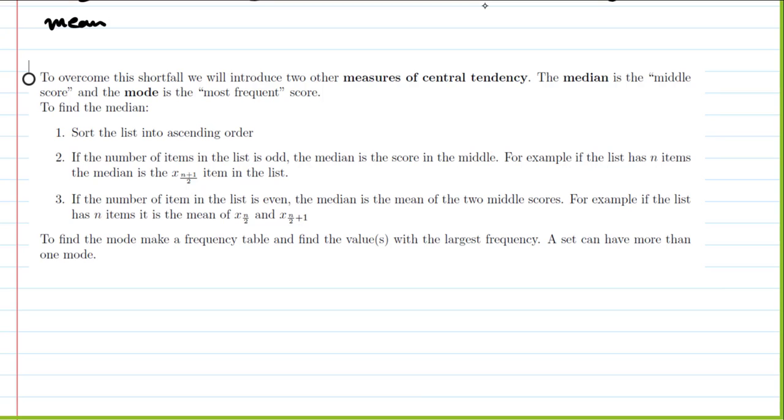So it would be x sub n over 2 and x sub n over 2 plus 1. To find the mode, we make a frequency table and find the value or values with the largest frequency. A set can have more than one mode if there is a set of data that has the same number of occurrences.